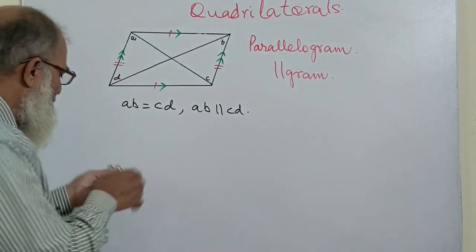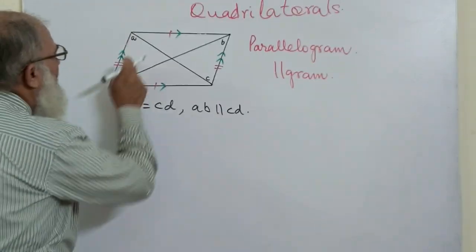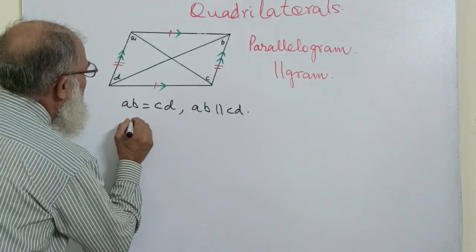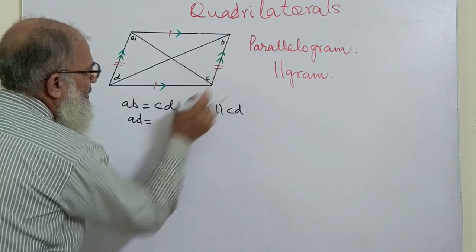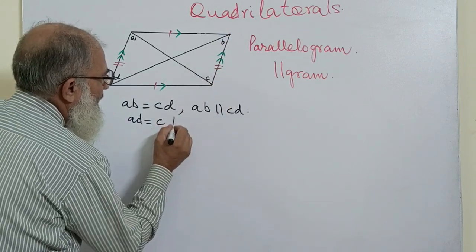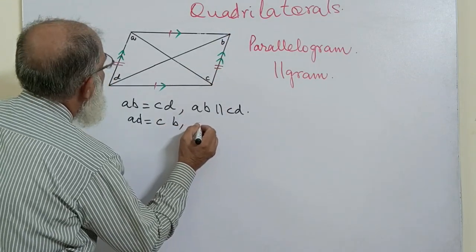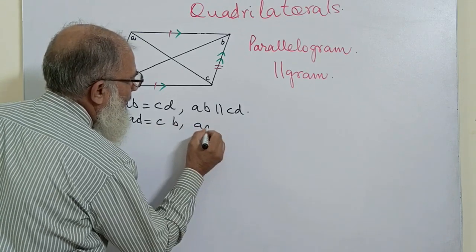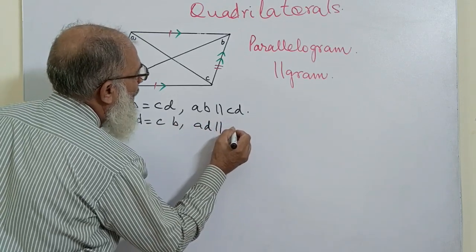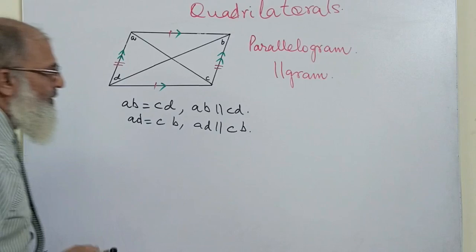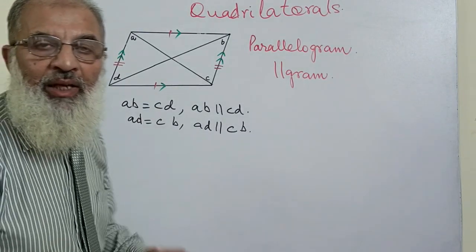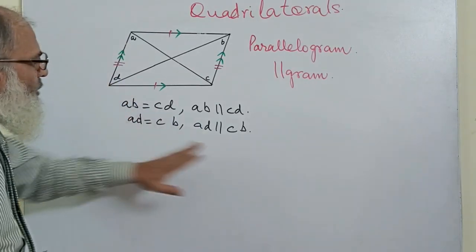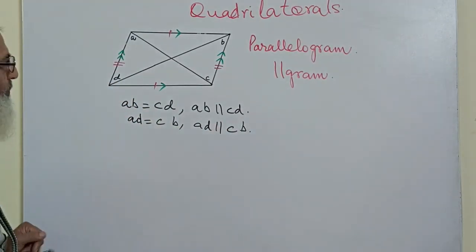These are equal and parallel. AD is equal to CB, and also AD is parallel to CB. Now, we have come to know about two properties over here.